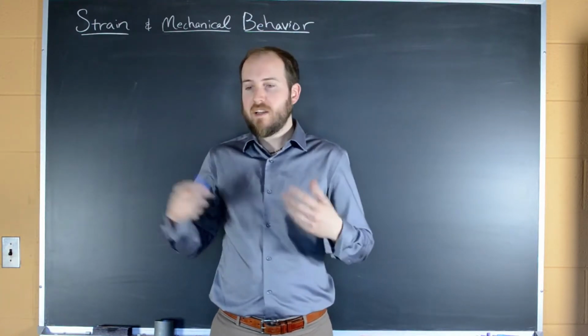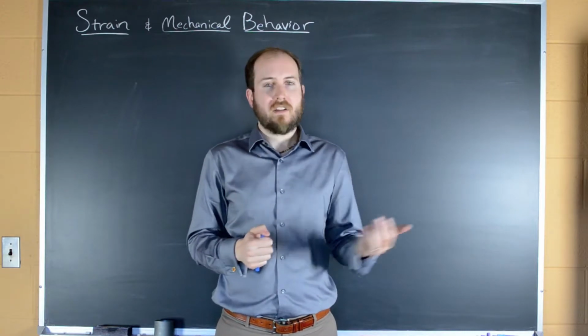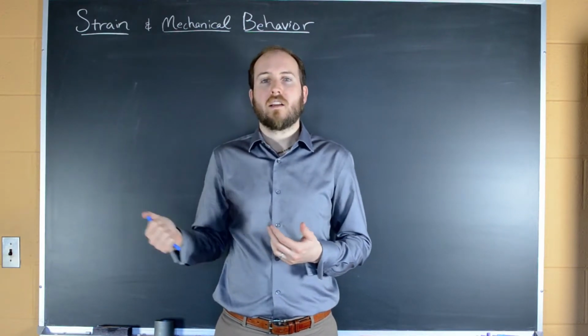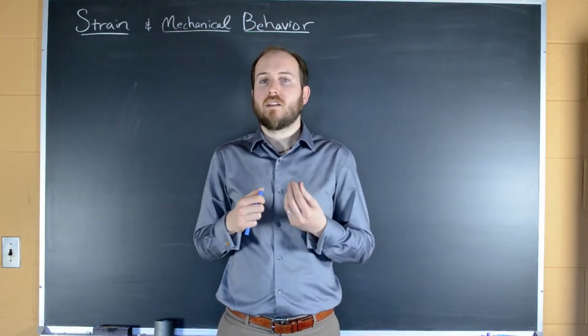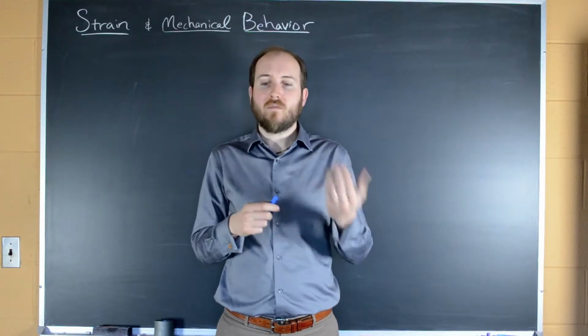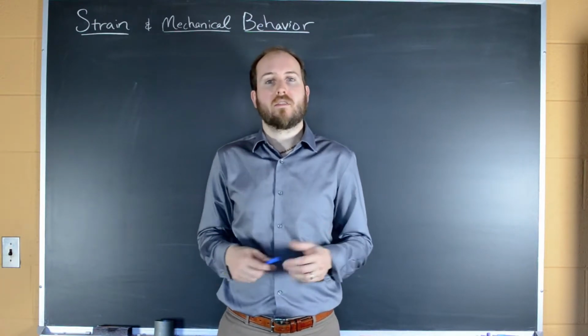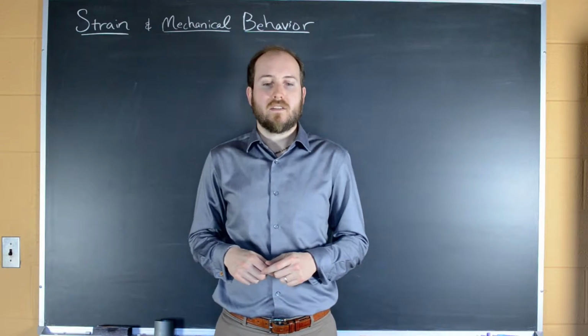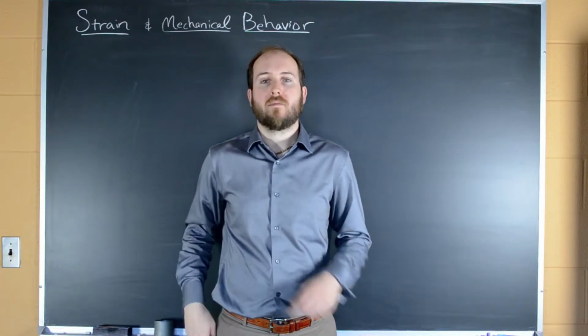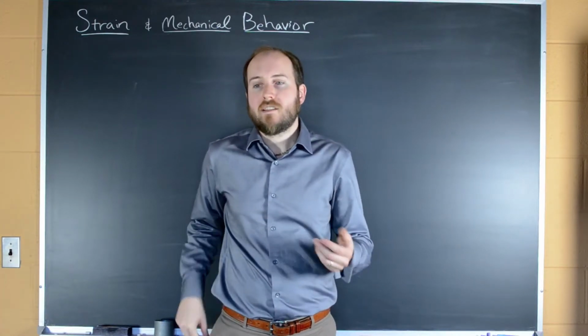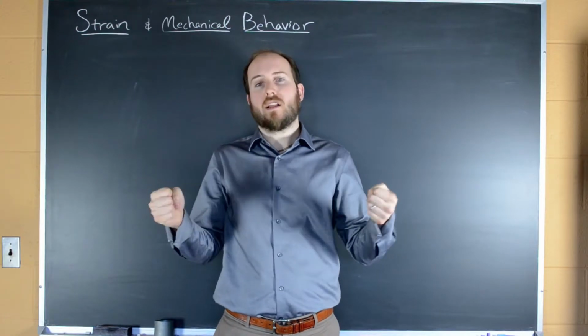And so you apply an external force, you generate a stress, you generate a strain. So it should be clear to us that there should be some relationship between stress and strain for given materials. And so how do we determine that relationship? Well, one way is to simply take an object and pull on it.